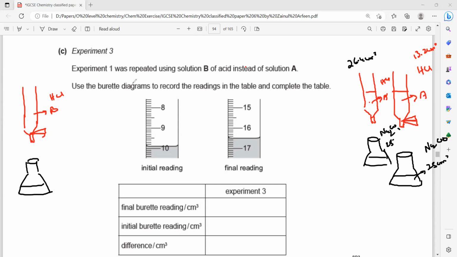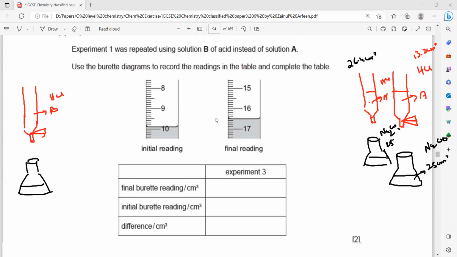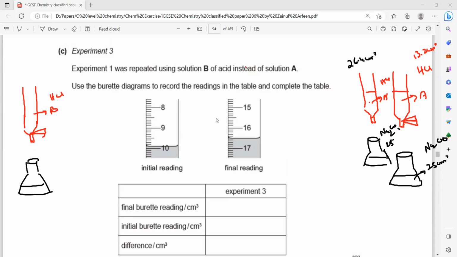What is the initial burette reading? You can use the screen annotation to complete. Final is 16.5, initial is 9.9, and the difference is 6.6. So for 25 cm³ of sodium carbonate, we need only 6.6 cm³ for a complete reaction.